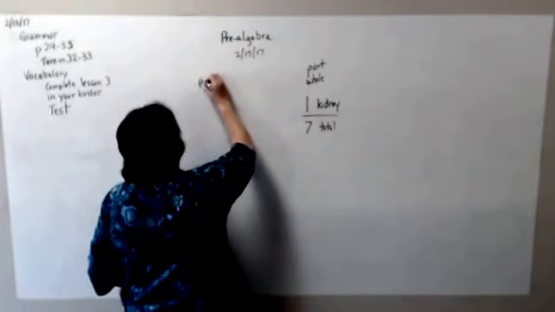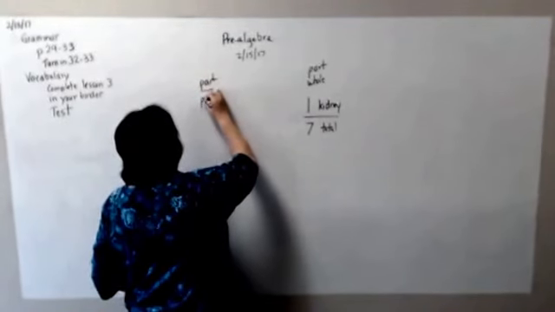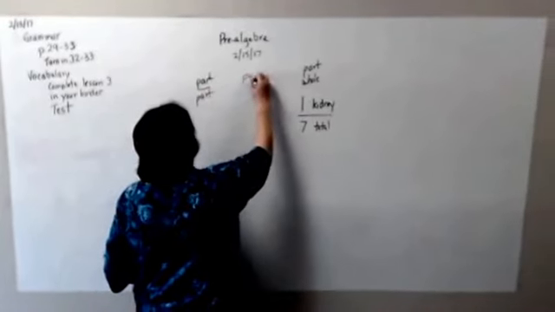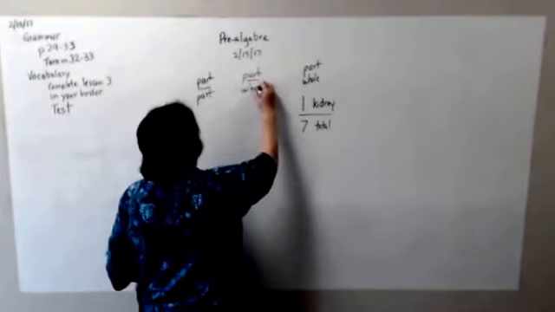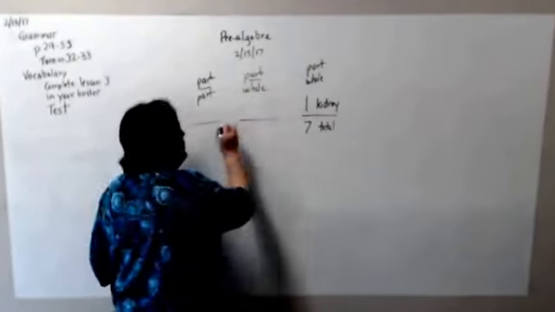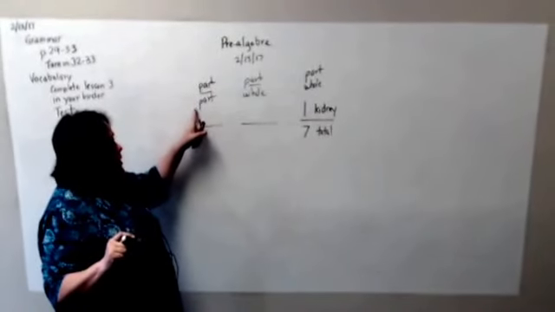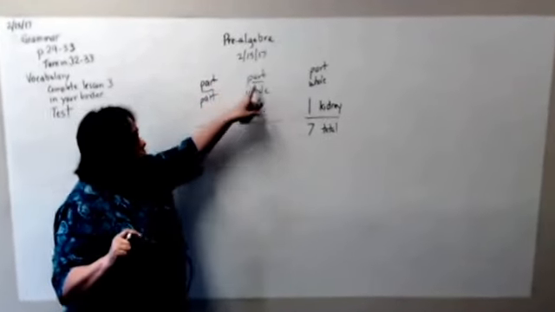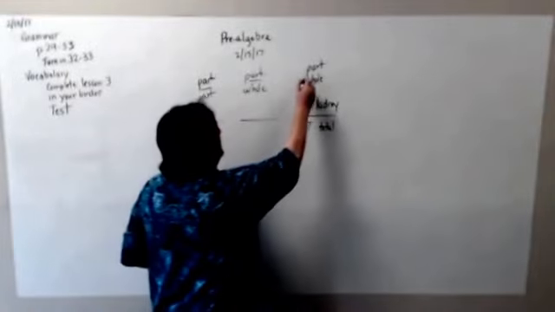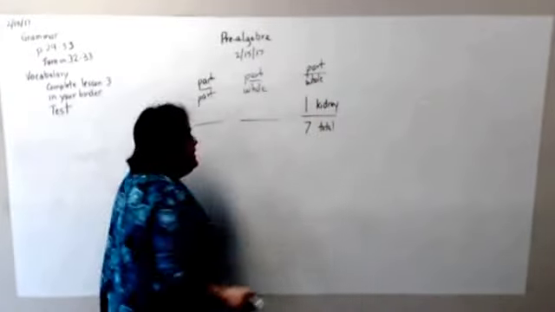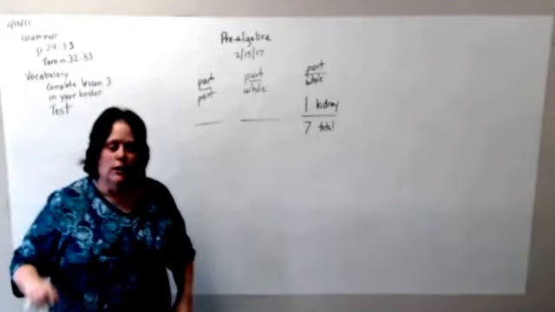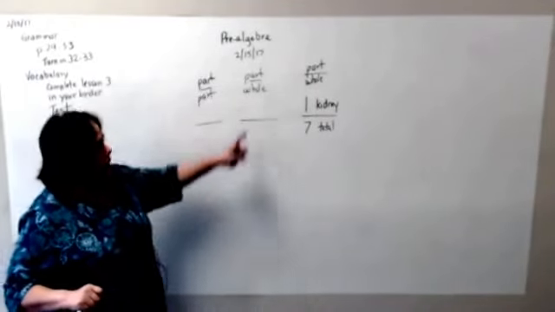And remember, I have part over part, part over whole, and part over whole. Those are the 3 things that I need, right? I need 1 part over part, then first part over whole, and then the second part over the whole. Now, I have 1 kidney out of 7 total, so how many are limas then out of the whole?